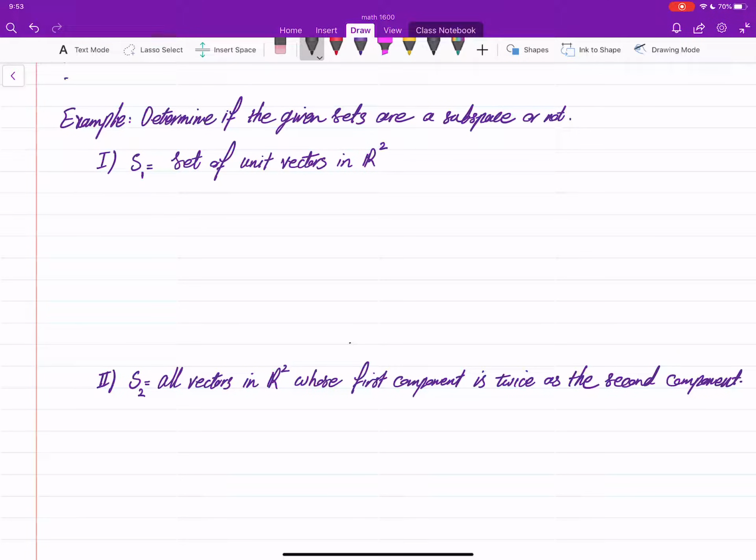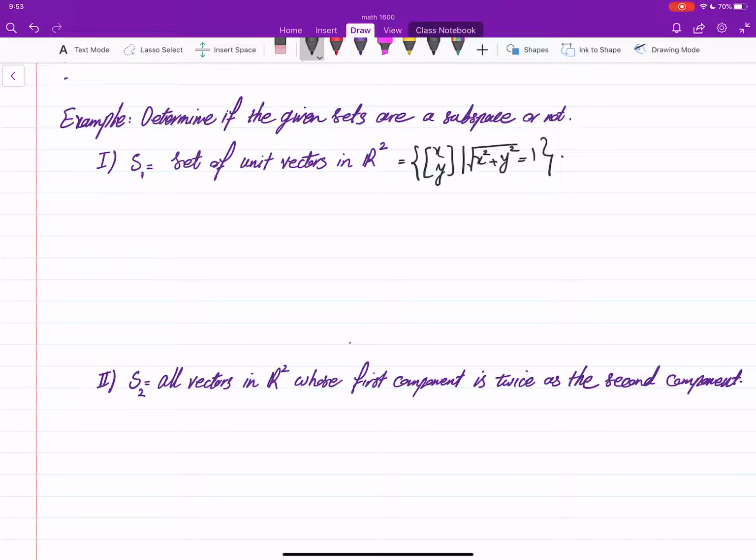Determine if the given sets are subspaces or not. S1 is the set of all unit vectors in R2. So we are dealing with all vectors (x, y) such that the length of the vector, the square root of x squared plus y squared, is equal to 1.